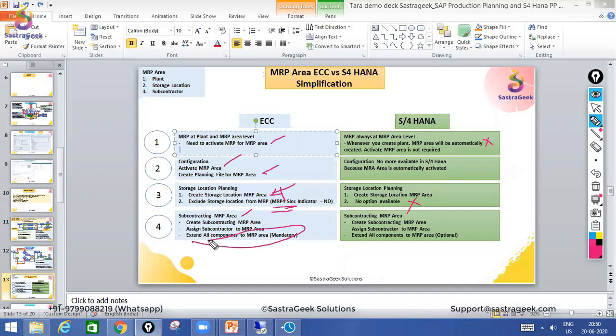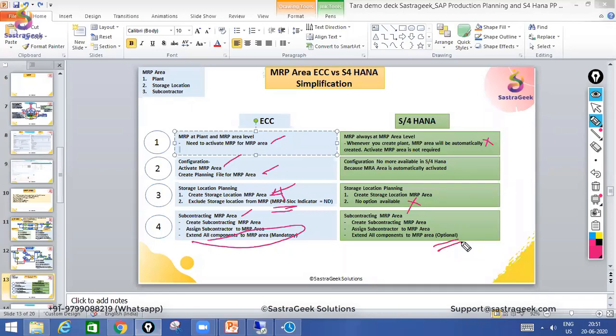Now in S/4HANA, SAP is saying it's optional. If you want to extend the material to the subcontracting area, it's well and good. If not, that's also fine. Although it's recommended to extend all the components to that MRP area, if you are not extending, it will not impact.